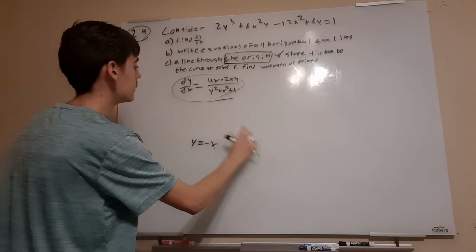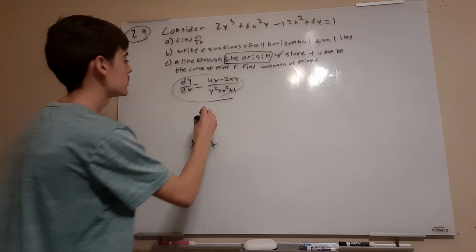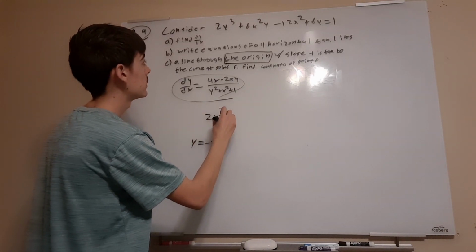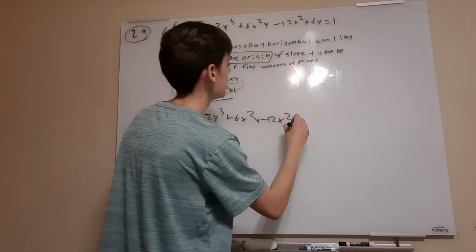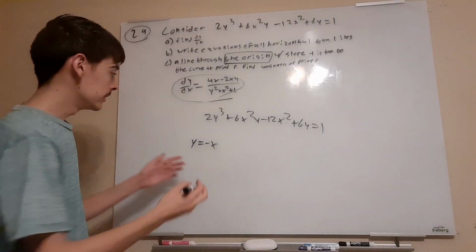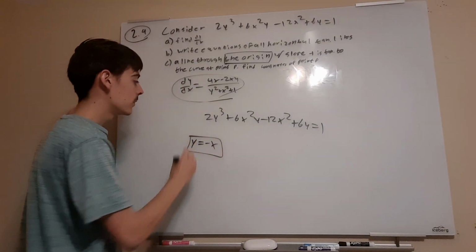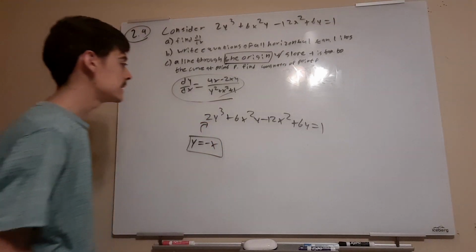And what we can do to actually find the coordinates of point P is, remember how we plugged stuff back into our original equation earlier? Well, we can actually do the same thing here. But rather than plug in a point, we could plug in this formula, y equals -x. So let's plug y equals -x into here.